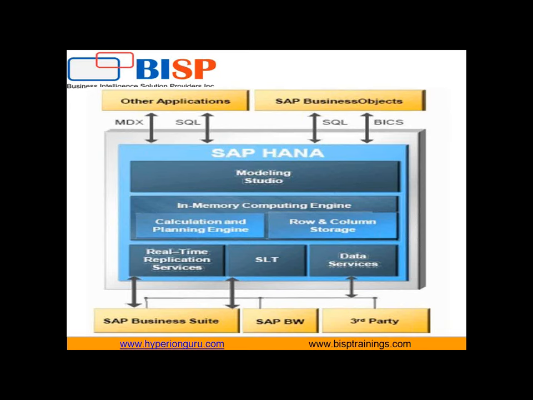So if it is non-SAP and if it is Microsoft, we will be using MDX kind of connectivity to get connected to the reporting layer. And if it is something like Business Objects, we can use SQL, and if it is Business Objects specific tools, we can use BICS. When we discuss how we're going to get connected in each and every area, we will discuss this particular screen in depth.